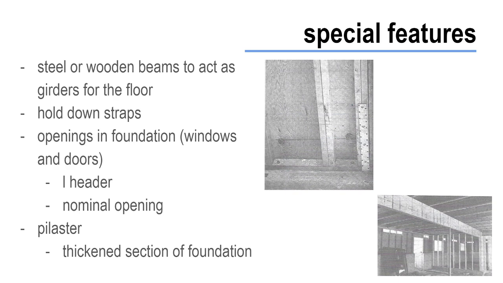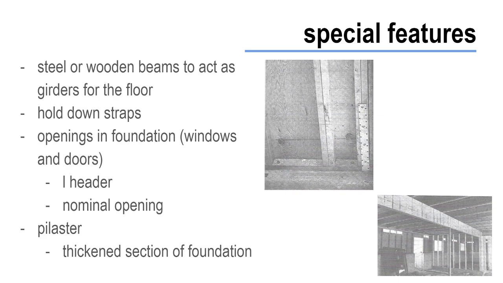And typically we'll also have a piece of steel L header above any of those openings just to help support any structural integrity that may have gotten lost by creating that opening. The foundation may also include pilasters for extra support, which, as I mentioned before, is just that thickened section of the foundation that helps resist pressure exerted by the earth on the outside.